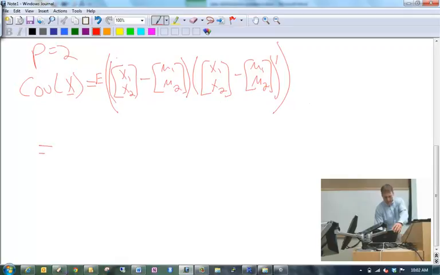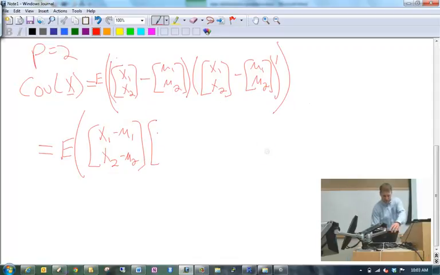Okay. So this is equal to the expected value of x1 minus mu1, x2 minus mu2. Now that's one vector. Also, x1 minus mu1, x2 minus mu2, transpose, parentheses.